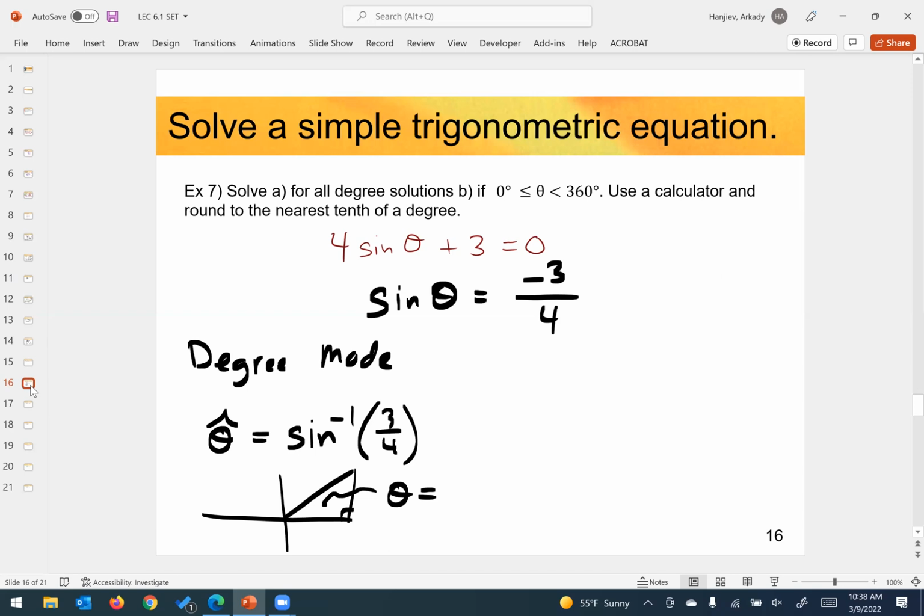Yeah, it's the same answer, just negative. Isabel, tell me how come it's the same answer, just negative? In this case, because it's in quadrant 1. Well, the original is negative.